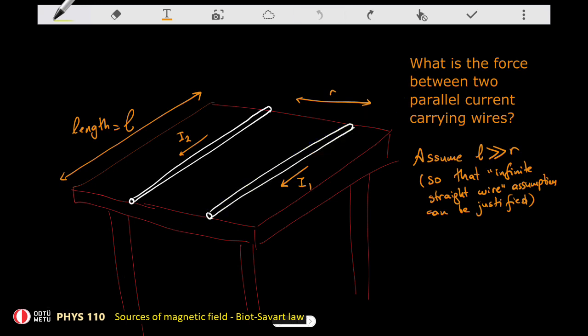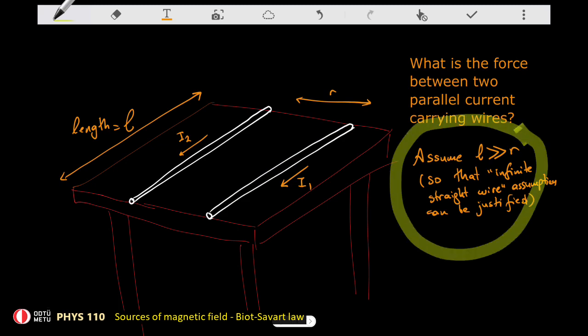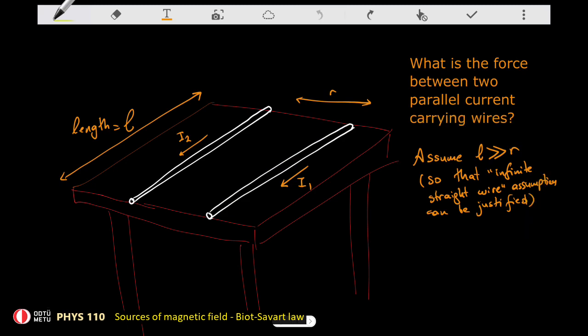But of course, we know that in reality none of the wires can be infinite, but somehow I have to use the result for the magnetic field produced by an infinite wire. So I'm going to make the assumption that these wires are sufficiently long so that I can justify that assumption. That's just a small detail, but it has to be mentioned at some point.